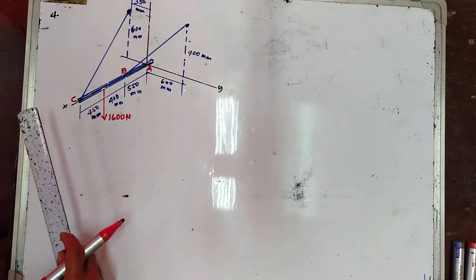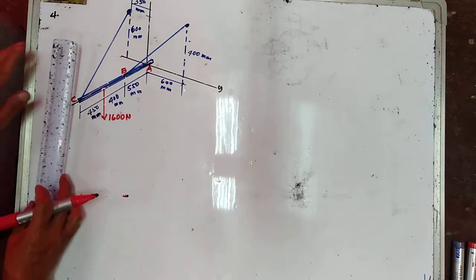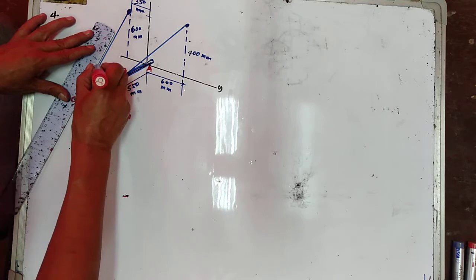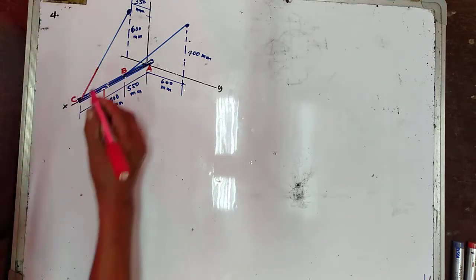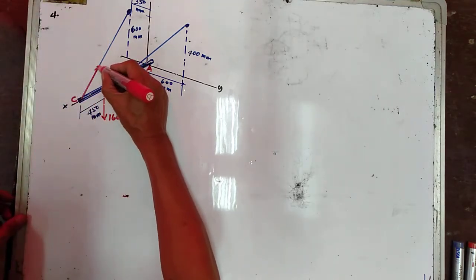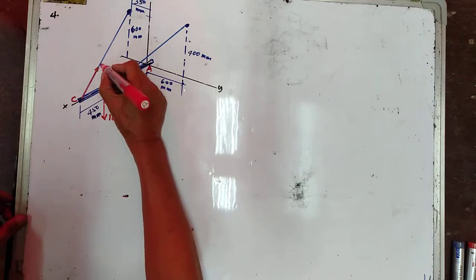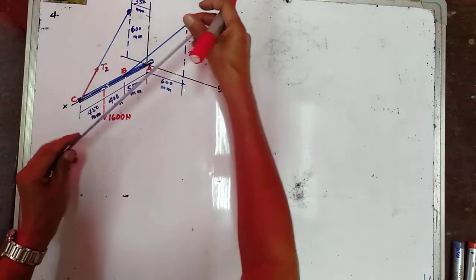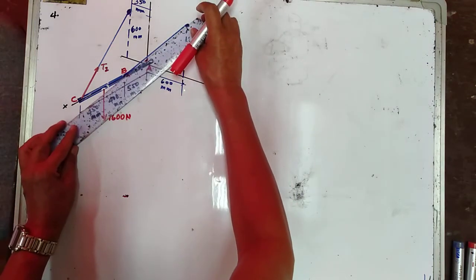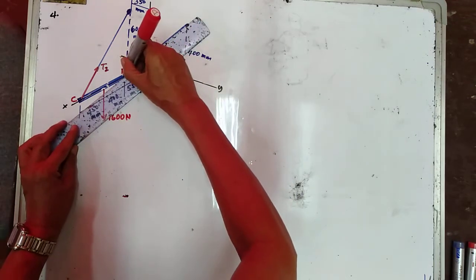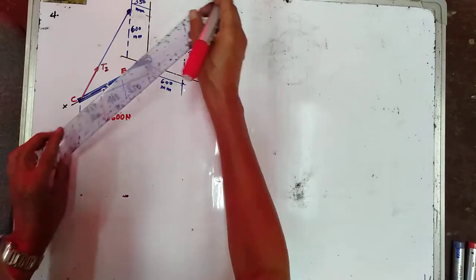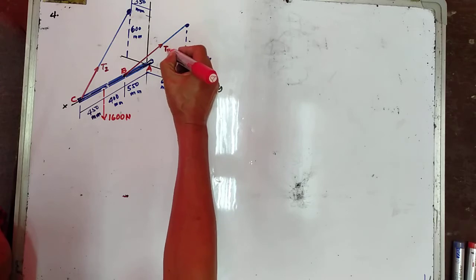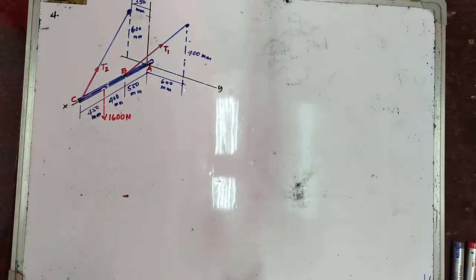Now, I am going to consider that the tension at point C is T sub 2, and the tension in this other cable is T sub 1.